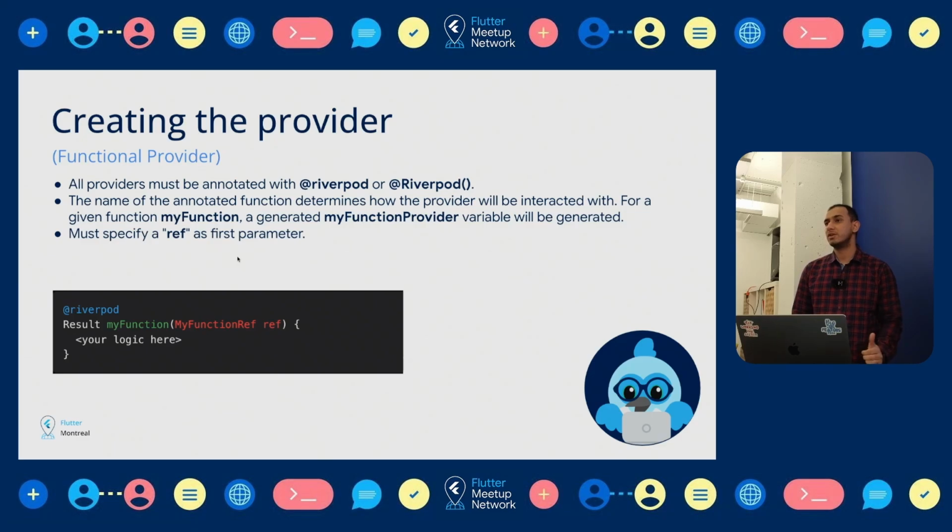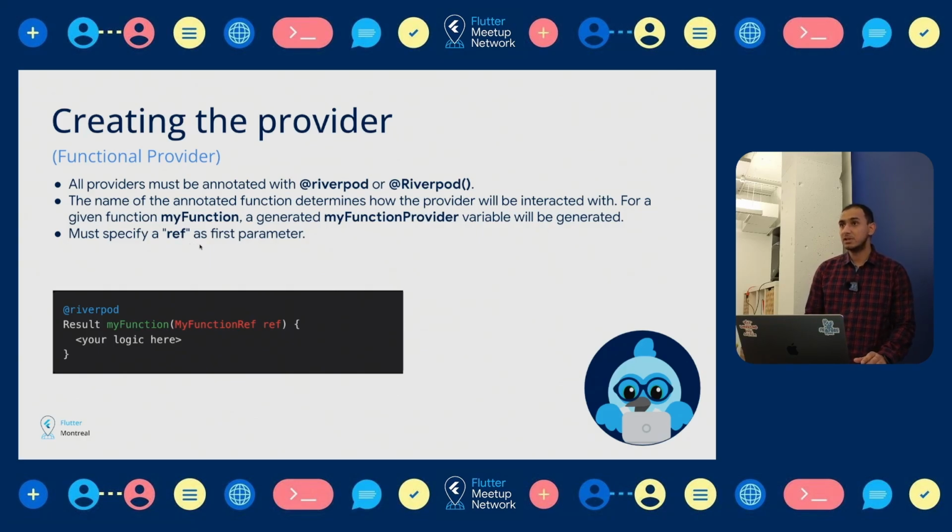As shown previously, we have to run that command and the code is automatically generated. In this example we have a function called myFunction, so it will automatically generate a provider related to this function, and its name will be myFunctionProvider. You don't have to initialize or create a provider on your own; it will automatically give you that variable. The first parameter of this function should always be ref.